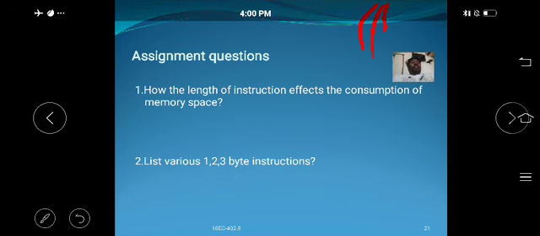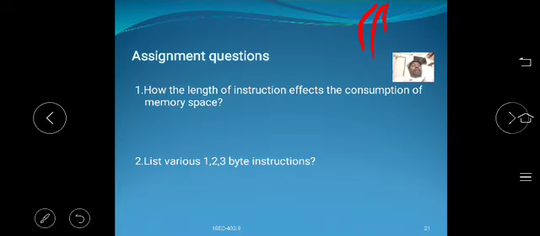And the second question is: list the various 1 to 3 byte instructions. That means 1 byte instructions, their operations and format, 2 byte instruction format, and 3 byte instruction format.